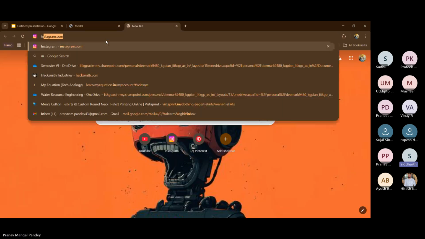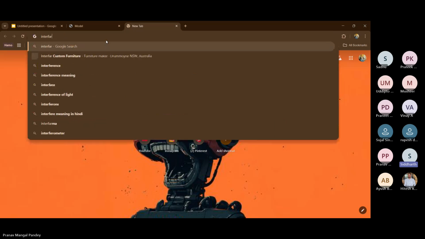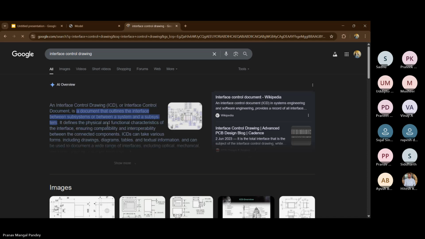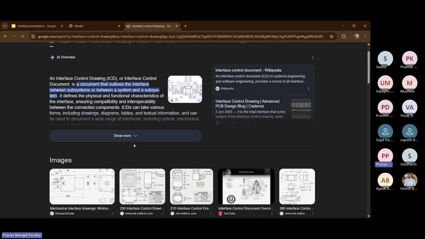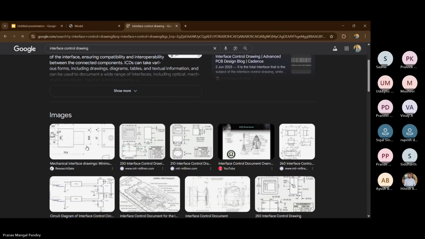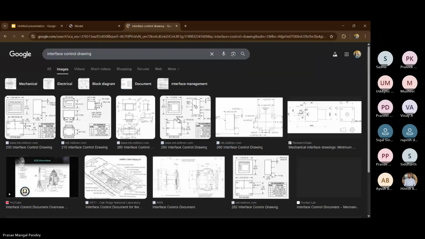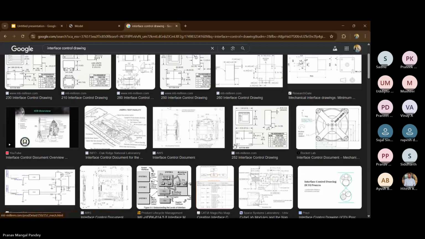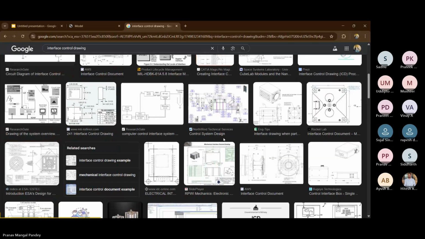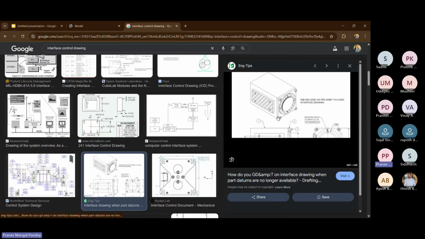I'm confused between assembly drawing and interface control drawing. Usually, it would be better if I show this. For example, this.